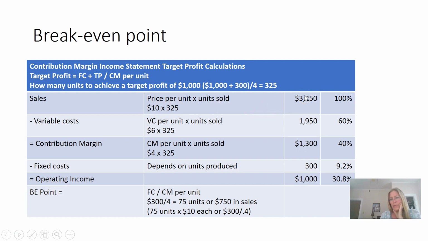Now let's look what happened to the rates. These three stayed the same because they're all based on the same volume, of course, and these numbers are consistent. They vary in direct proportion to the change in volume. So those rates as a percentage of sales are never going to change in the short term as long as these assumptions hold.